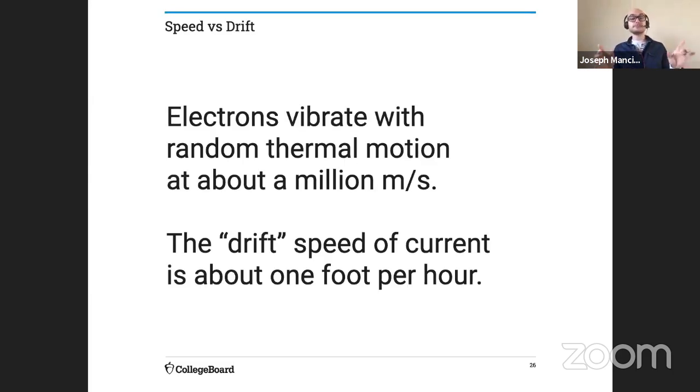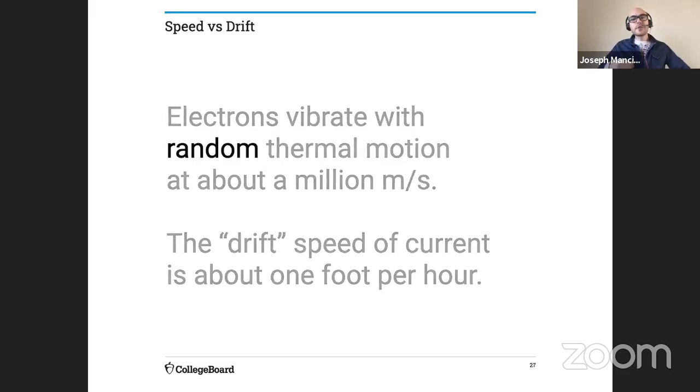meters per second. But the electrons that flow in an actual current, it's not the random thermal motion that does it. It's the drift speed. The drift speed of electrons, the gradual bumping, bumbling, slow drift because of an imposed electric field, is very slow, about 1 foot per hour.